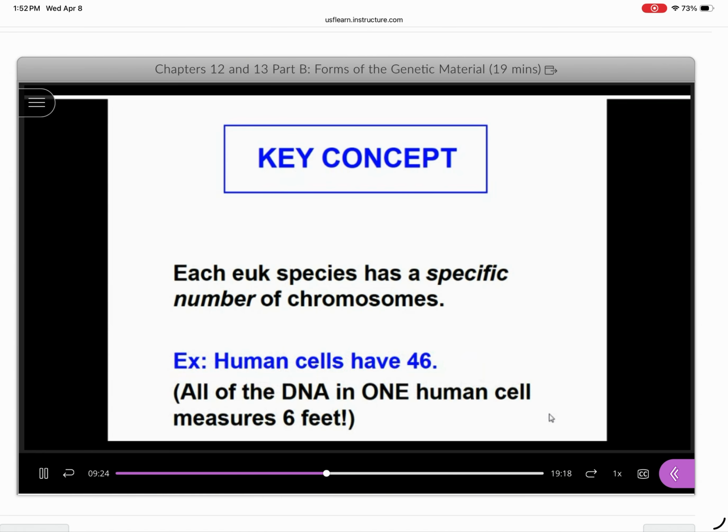Human cells have 46 chromosomes. That's what we mean when we say one cell has 6 feet of DNA. That's the 46. If you could stretch the 46 chromosomes end to end, you would have 6 feet of DNA. Same thing. So the 6 feet is in 46 pieces, isn't it?